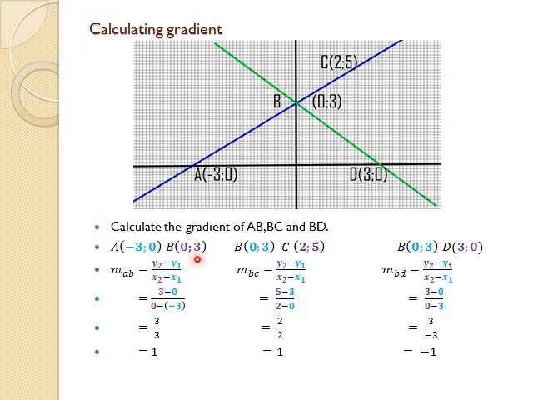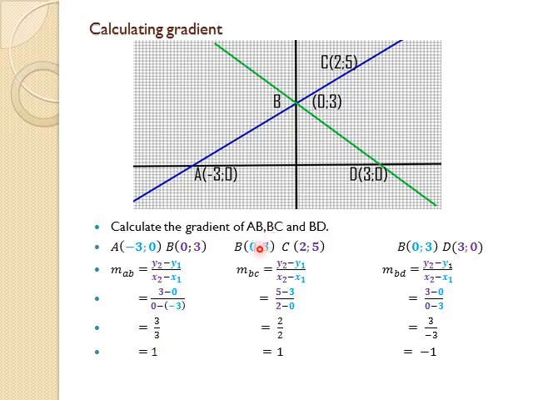So here, y2, my y value 3, minus the y value of A, 0. For x, B's 0 minus -3. So 3 minus 0 gives me 3, and 0 minus -3, negative times negative becomes positive, 3. So 3 divided by 3 gives me 1.